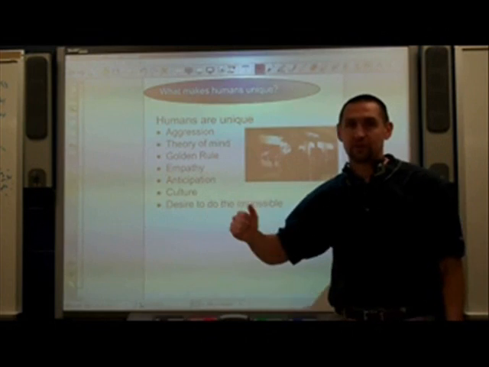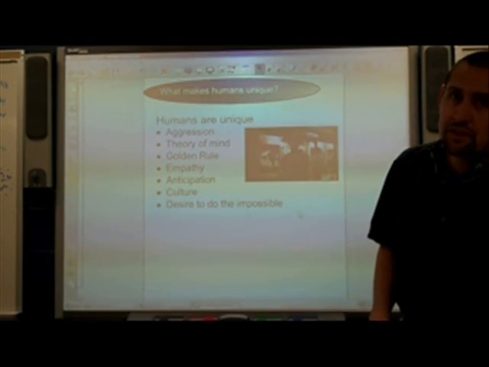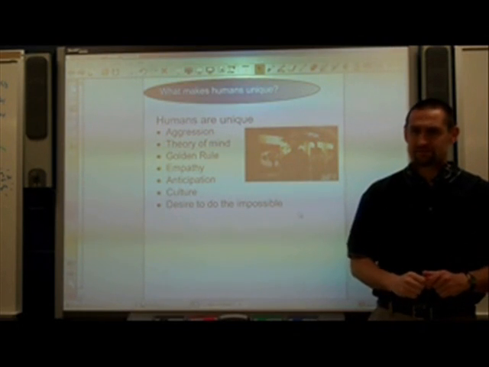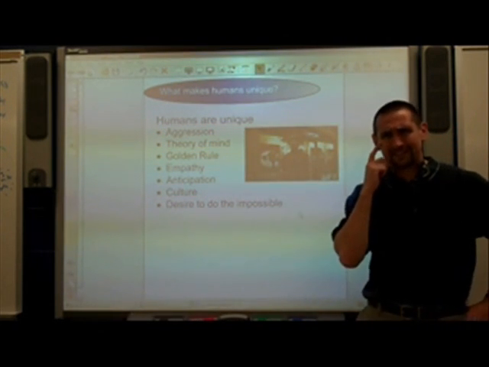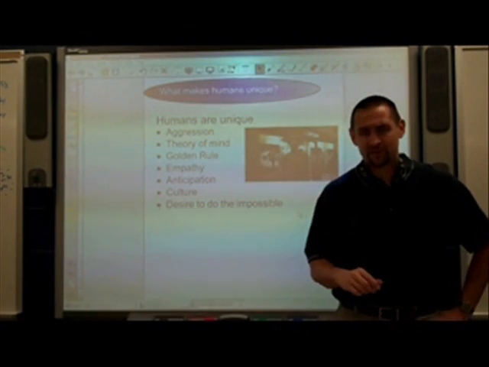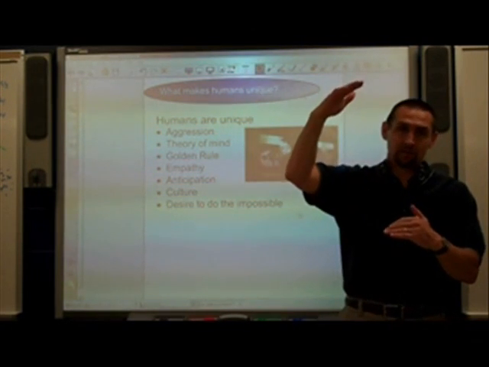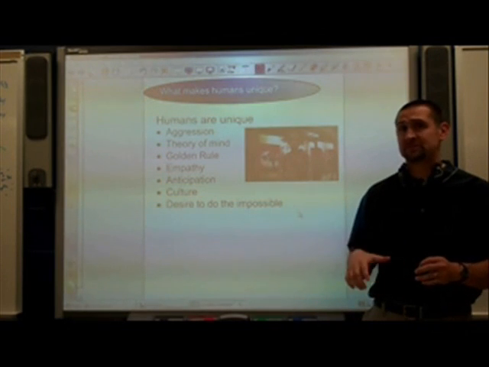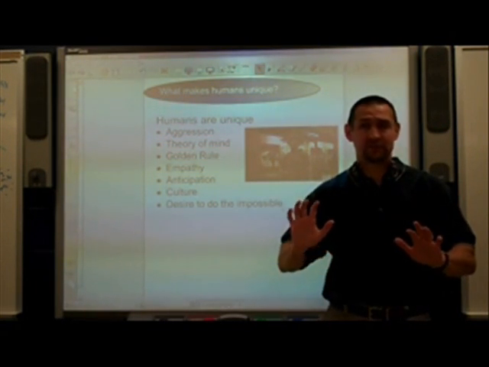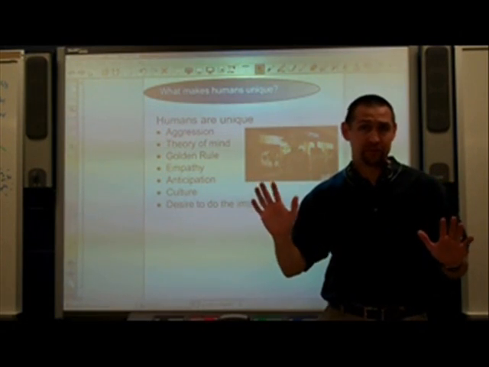Humans also have theory of mind. Theory of mind is just the ability to understand that other things think differently than yourself. You might think, well, my pet does that. My pet can understand that I'm thinking differently. But humans do it at a much higher level. So for example, if your pet were watching an episode of House on television, they wouldn't understand the interactions of the characters, but that different characters are thinking different things.